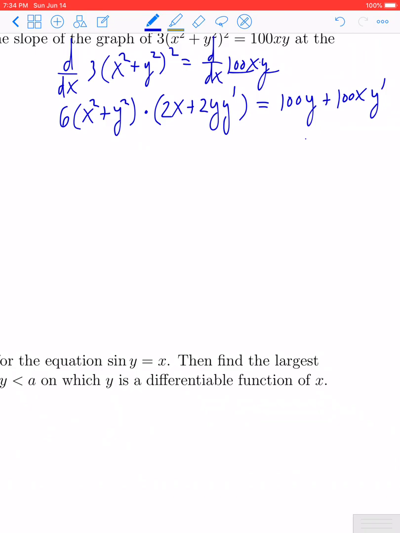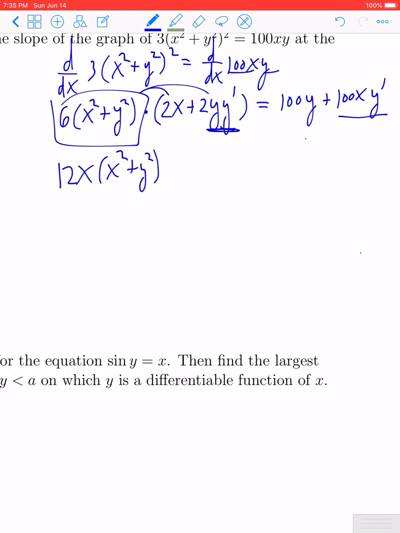So now the goal is to get the y prime by itself. And we see that this term has a y prime with it. And right now we have a y prime that's locked into this grouping. Let's distribute to get this out. So I'm going to distribute this quantity into this parenthesis. 6 times 2x is going to give us 12x times the quantity x squared plus y squared, plus this will give us a 12y times the quantity x squared plus y squared.